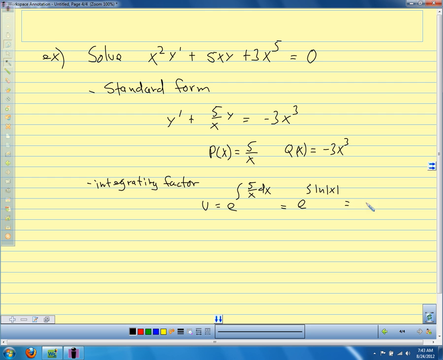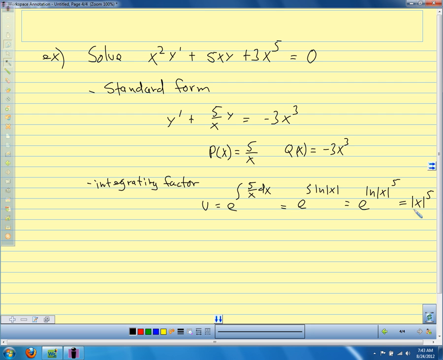And that's e to the natural log, I'm writing all my steps here, absolute value of x to the fifth, which is absolute value of x to the fifth. So I'm going to multiply both sides of the equation by absolute value of x to the fifth. I kind of don't like this absolute value, so let's think about what we can do here.